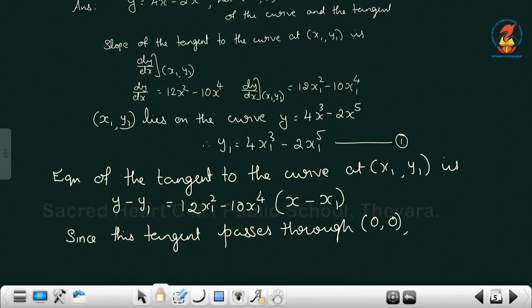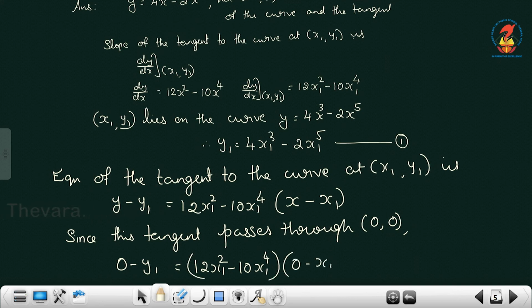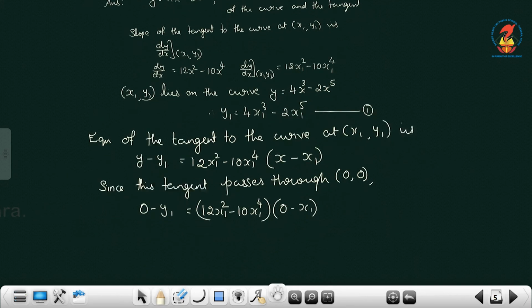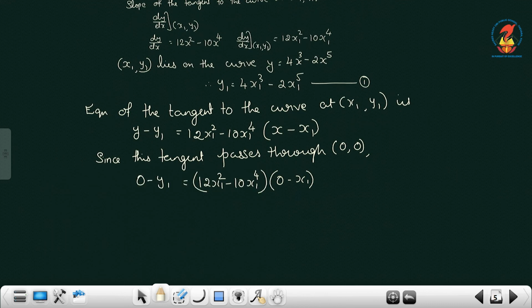So, 0 minus y1 is equal to 12x1 square minus 10x1 raised to 4 into 0 minus x1. Now, we can multiply the right hand side. So, minus y1 is equal to minus of, so minus minus cancel, multiply this bracket with this x1.